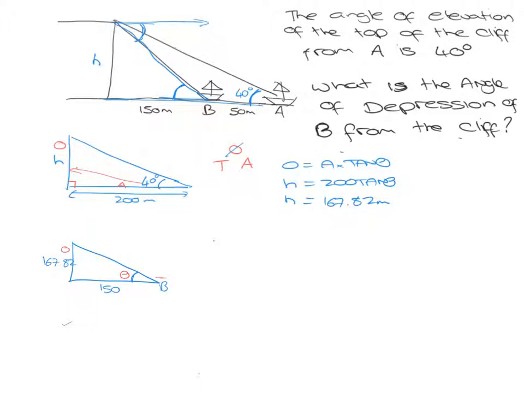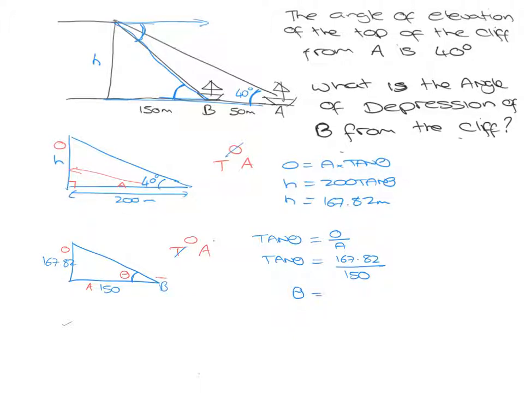We know O, we know A, so using TOA, we know that tan theta equals the opposite over the adjacent. So tan theta equals 167.82 divided by 150.